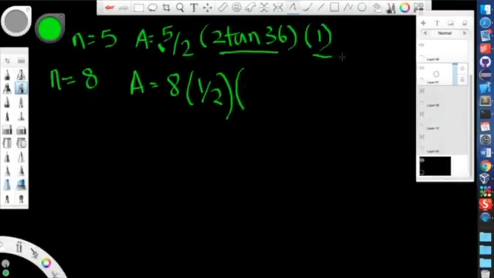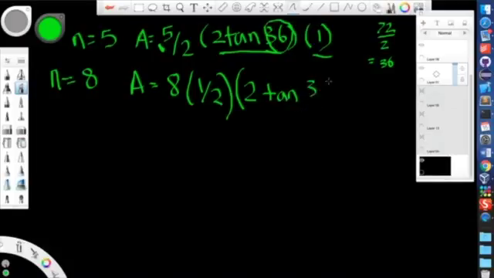This is where it gets tricky. In order to find the base of one of the 8 triangles, we're going to do 2 tan again, but the degrees are not going to be the same, because 360 divided by 5 was 72. We split that in half to get 36. That's where that number came from. But now we're dividing 360 by 8.